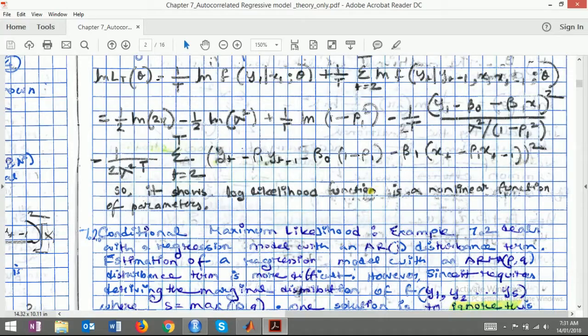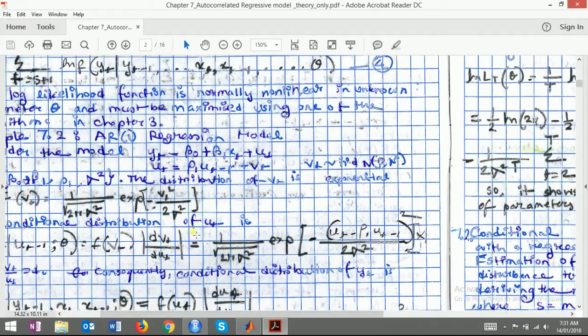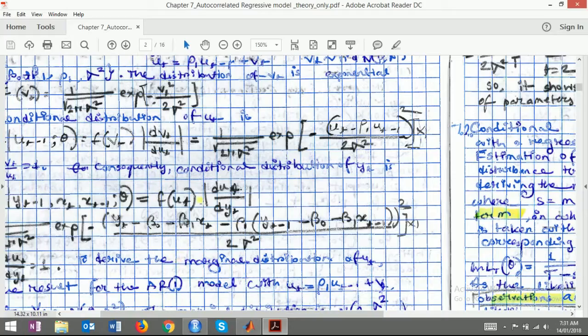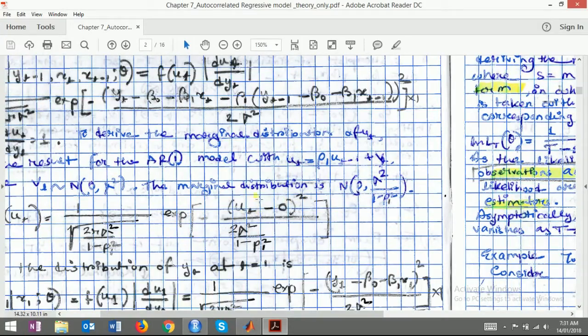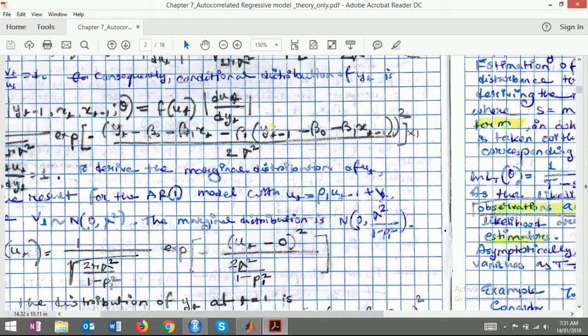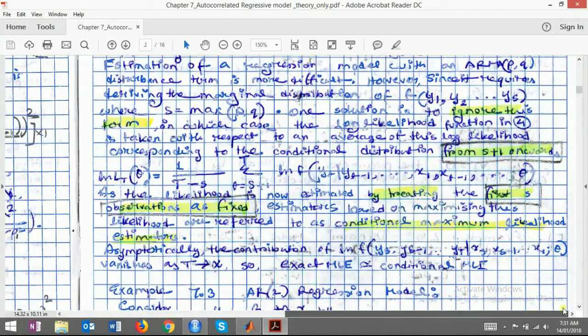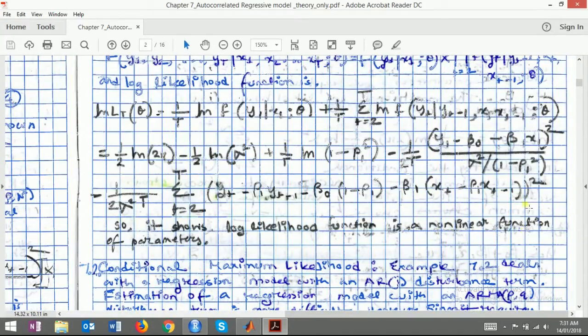So this is quite a big, adding together the marginal and the conditional, we have a big log likelihood function.